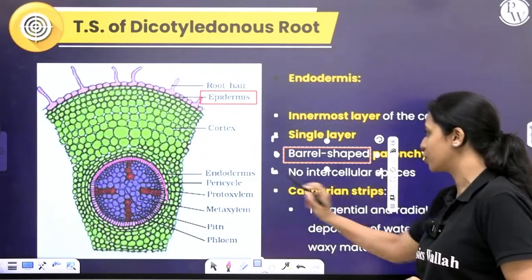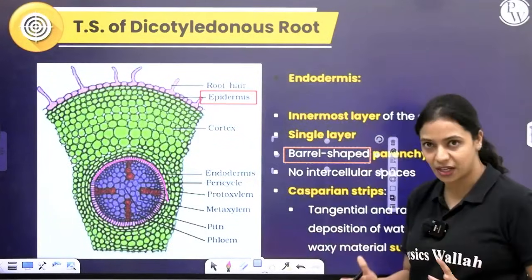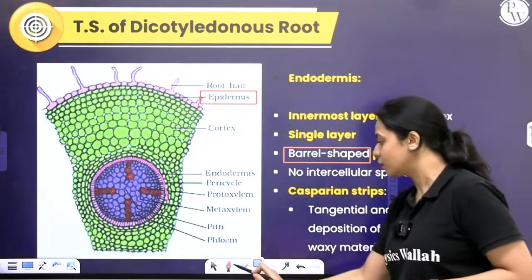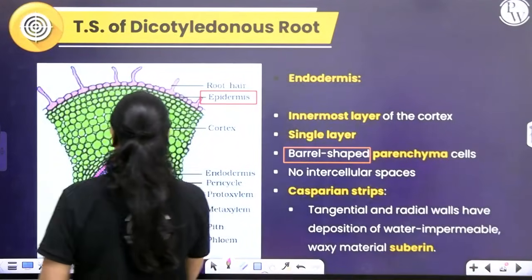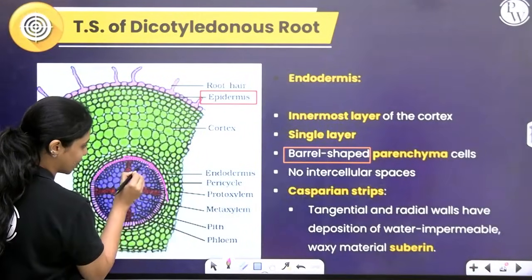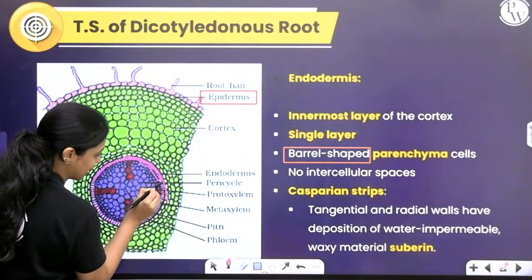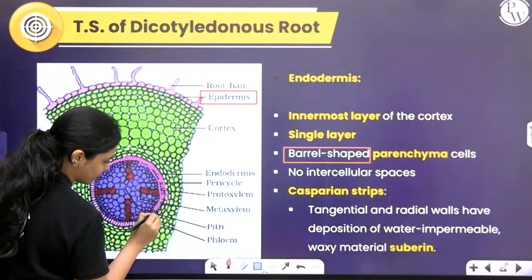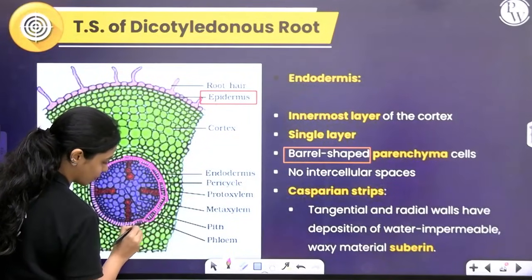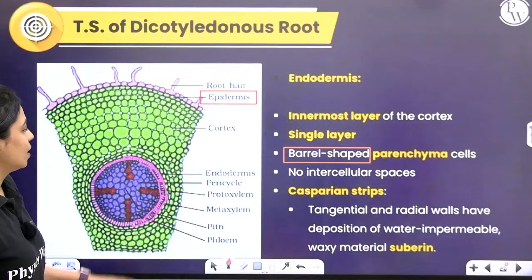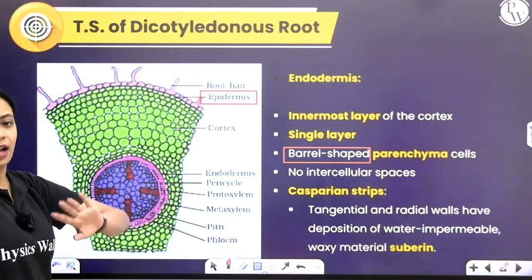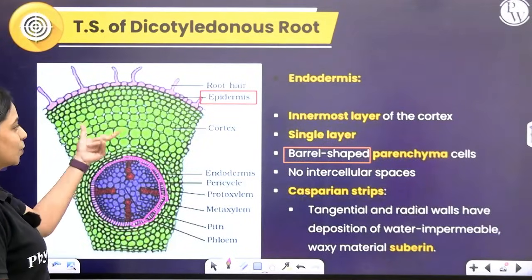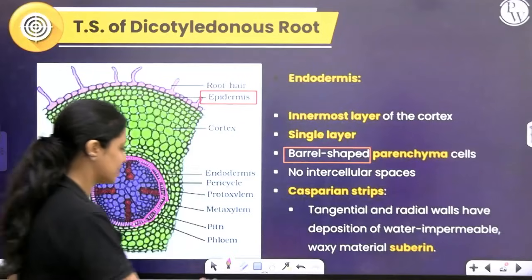The other layers of the cortex are almost spherical or isodiametric, but the innermost layer of the cortex or the endodermis is barrel shaped. It has cells present like this. Okay? Within the endodermis, there are no intercellular spaces, but within the other layers of the cortex, intercellular spaces were present.